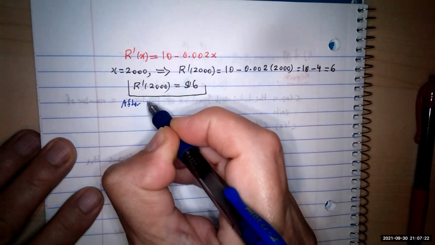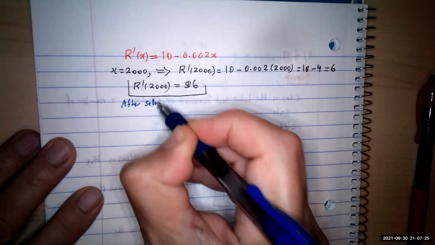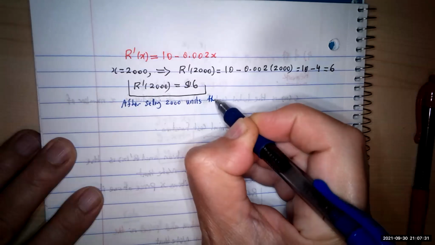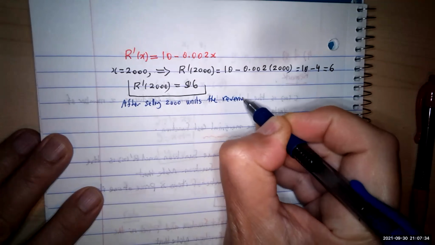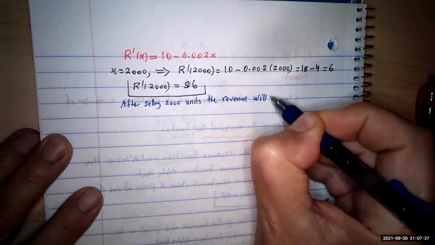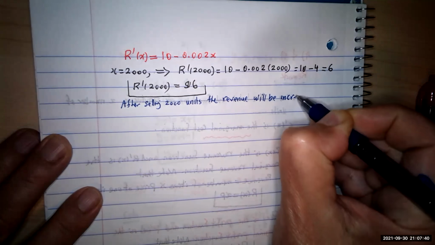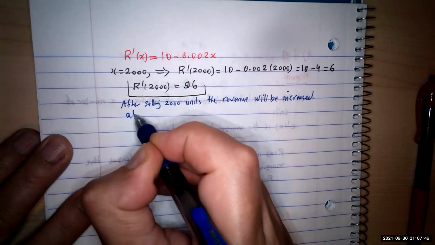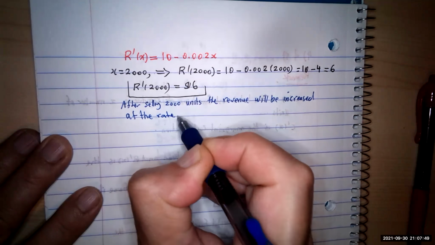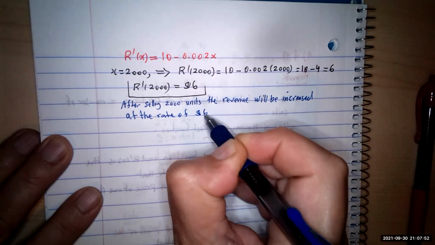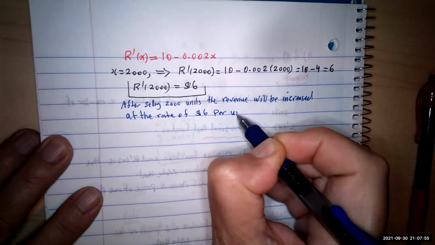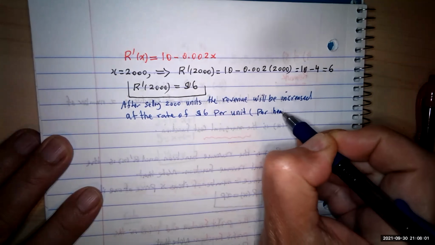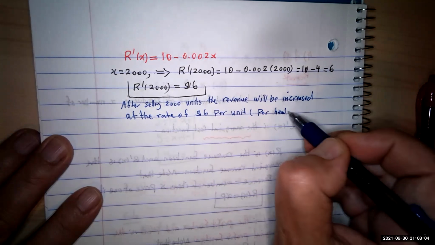In this case, let's say selling 2,000 units, or you're manufacturing 2,000 units, the company revenue will be increased at the rate of $6 per unit, or in this case, per headphone, because they sell the headphone.